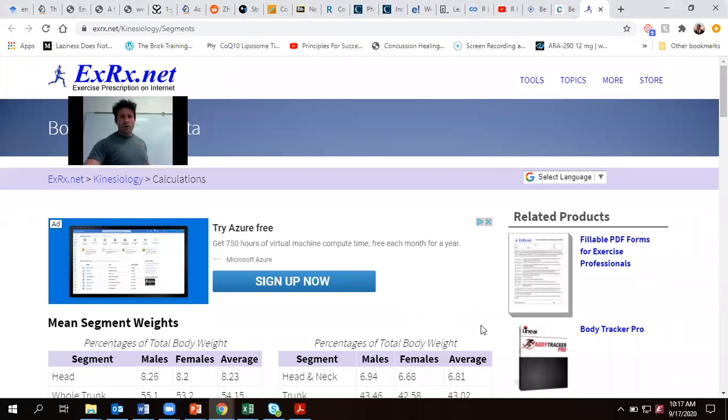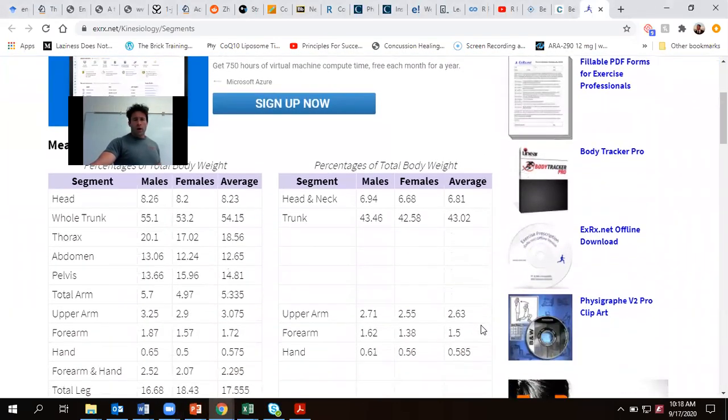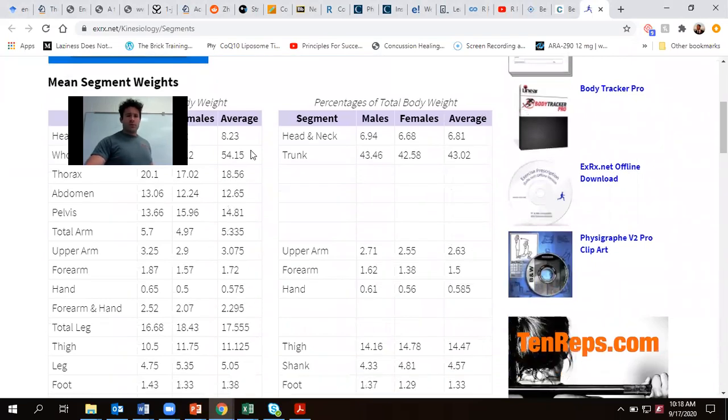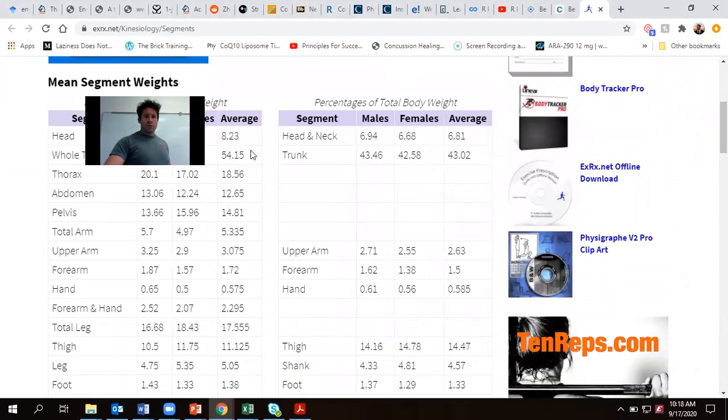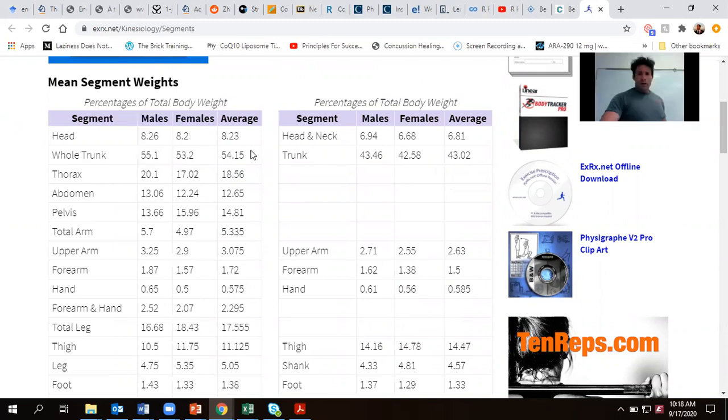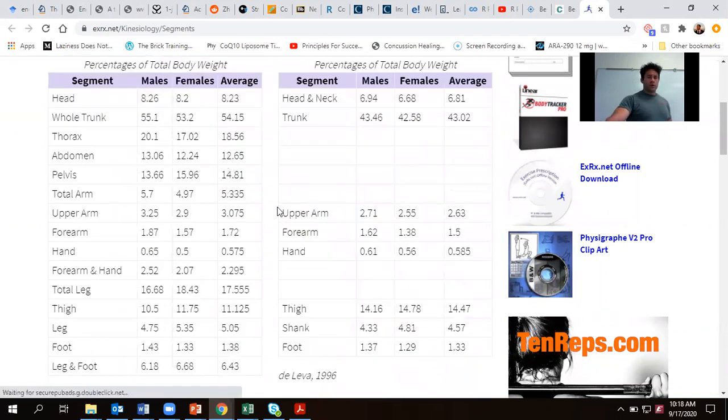Here's what you can do with this, specifically when you're looking at your project. You can go through and figure out how much different segments of the body are going to weigh, and then figure out how much the leg would weigh, how much the arm would weigh, how much the shoulder would weigh.